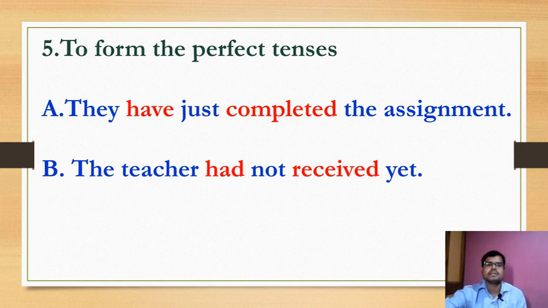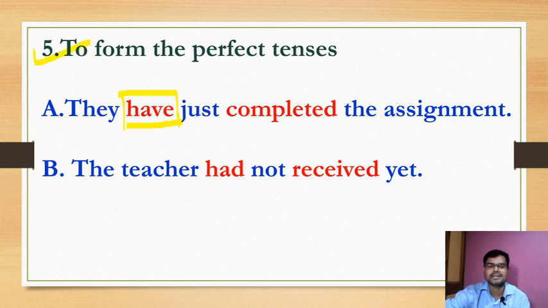Just see here: they have just completed the assignment, meaning their assignment work is complete. Here "have" is an auxiliary verb, a helping verb, so we can use it for forming the perfect tense. This is an example of present perfect tense.